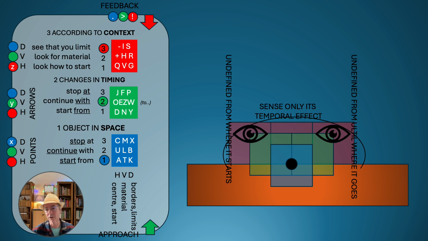The same thing, it's undefined where it will go to. So what we are left with here is not a focus upon the beginning, not a focus upon where it ends. It's in between that we sense all of its temporal effect.